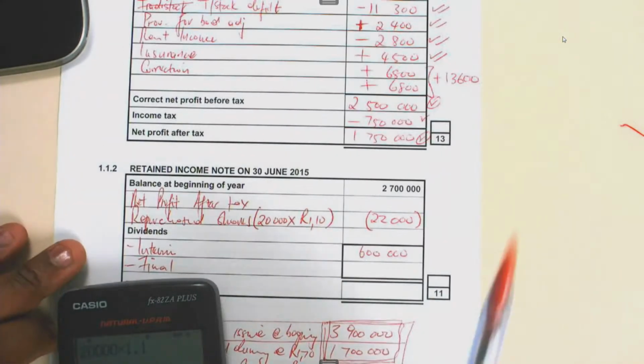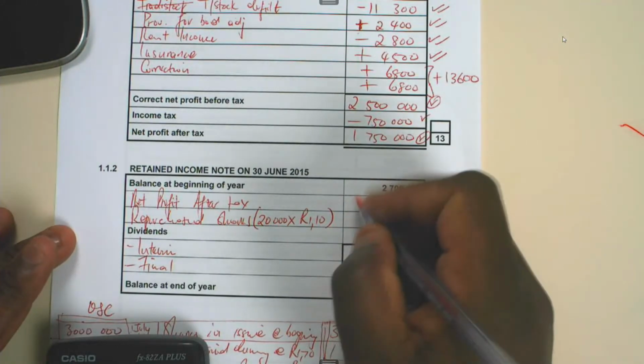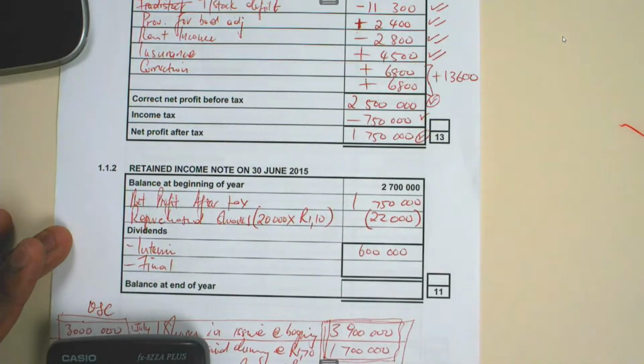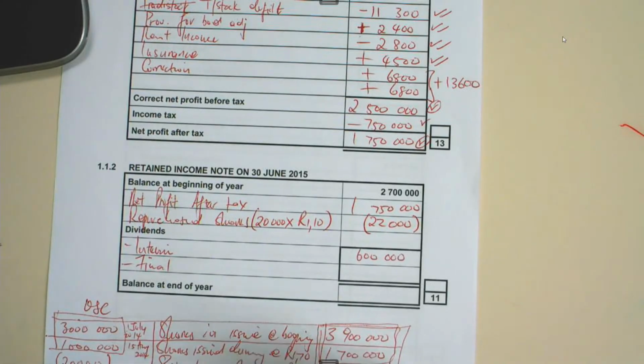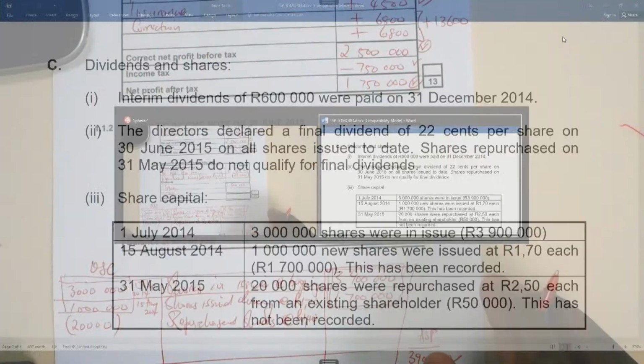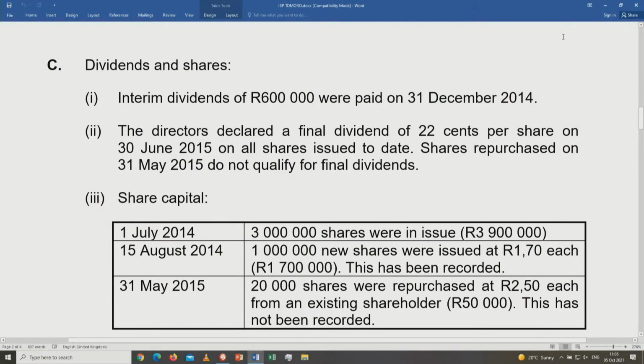Am I right? Okay, it is 1,750,000. Right. Now, with regards to the final dividend, remember I said to you, there's a final dividend that the directors declared of 22 cents per share at the end of the year.